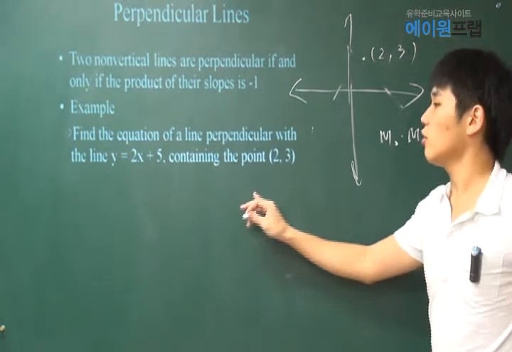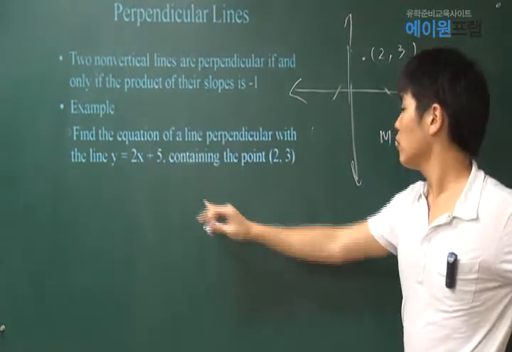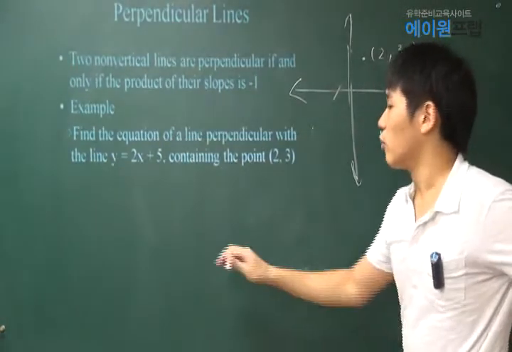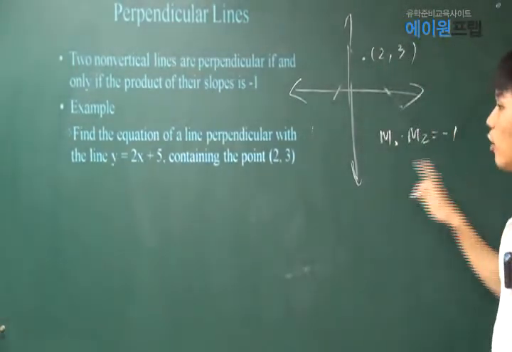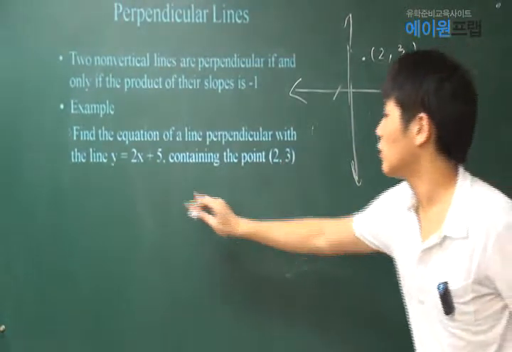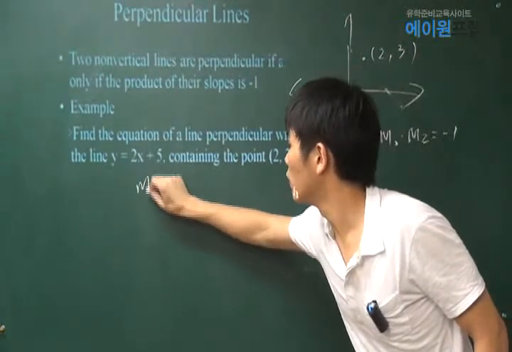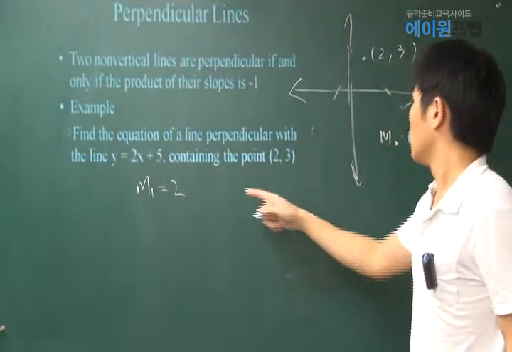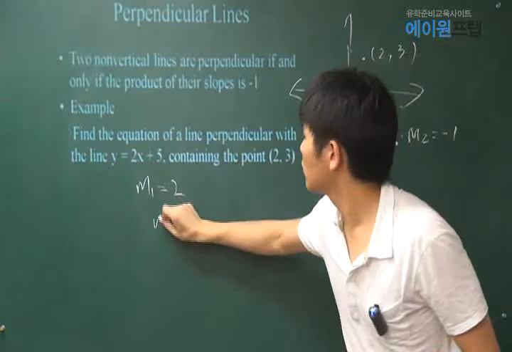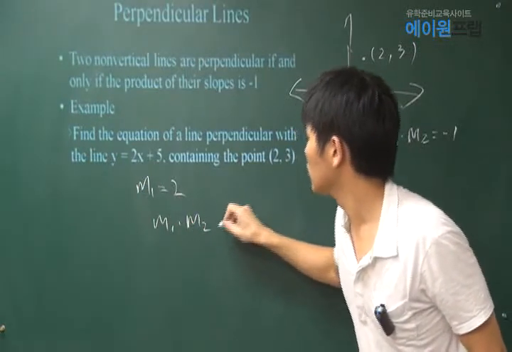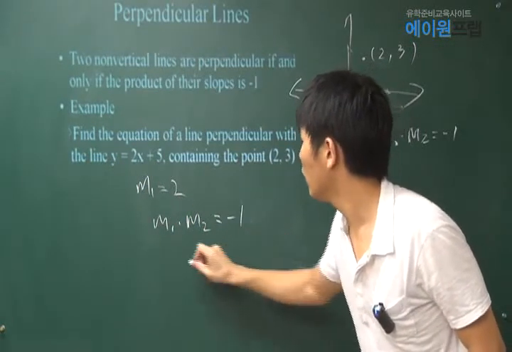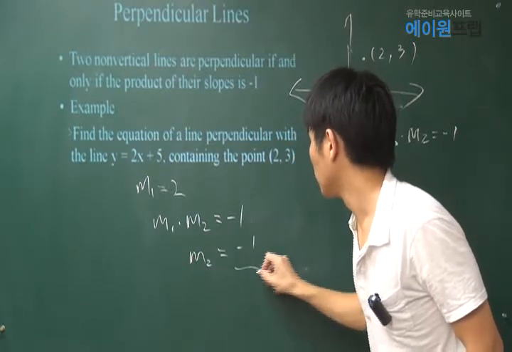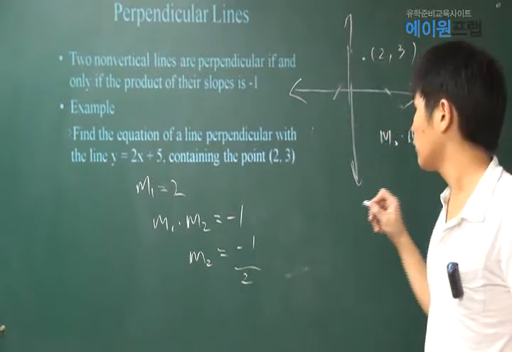If it's perpendicular to y equals 2x plus 5, the line we're looking for should have a product of -1 with that line's slope. This line has a slope m1 equals 2. So if m1 times m2 equals -1, the line we're looking for should have a slope of negative 1 over 2, which is negative half.